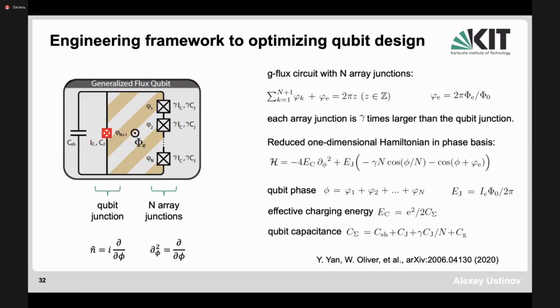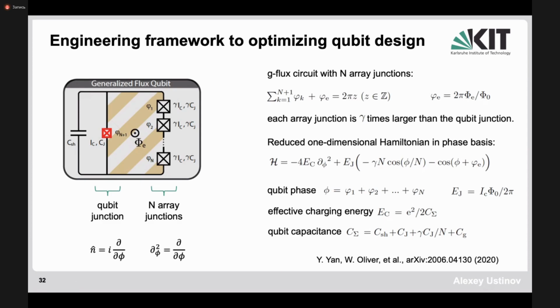So more generally speaking, one can take these generalized flux qubits. There is even a name for it, G-flux qubits, generalized flux qubit, and write the Hamiltonian such that one, of course, has the flux quantization condition, where the external flux is determined by the magnetic field which is applied, and then one adds into the inductance the cosine associated with the larger Josephson junctions.